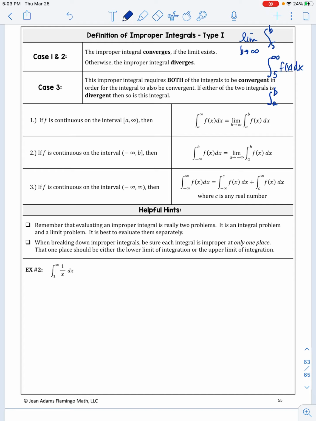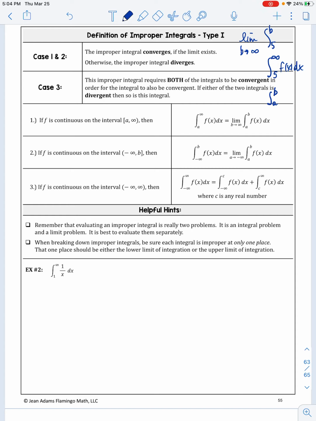Then I would say the limit as a goes to negative infinity, because I'm replacing my lower limit of integration with that variable a, and b is just some number. But the thing is, you're changing it to a limit, and that's what you're going to be doing for all of these improper integrals.